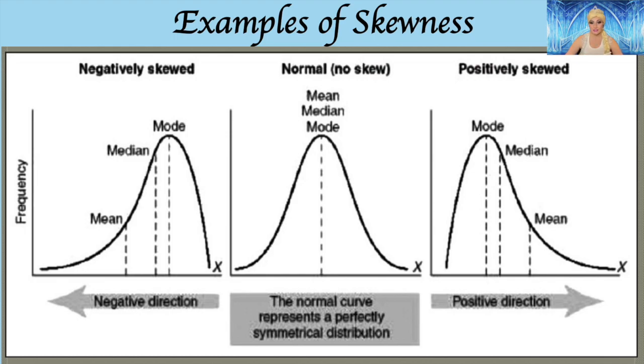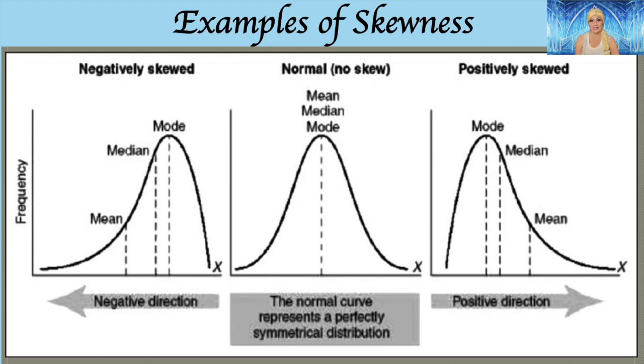In which case it suggests that most of the scores are clustered on the higher end of our distribution. Most of the scores are going to be higher than the average, above average. So the tail of our distribution ends up on the negative side, which means there are fewer negative scores. When there are fewer negative scores, we call that a negative skew.